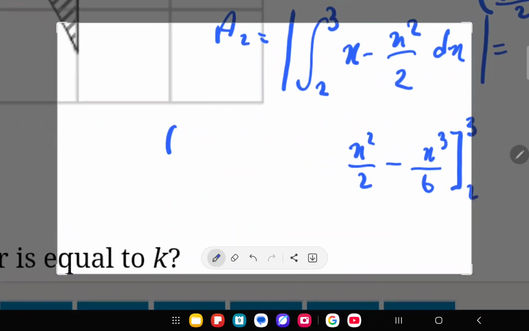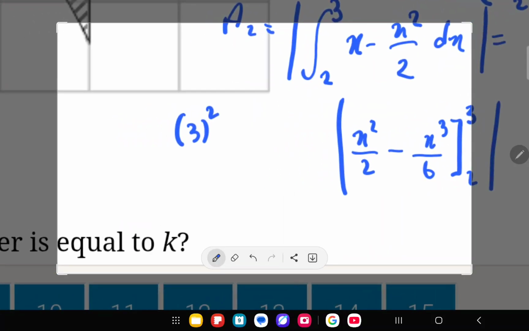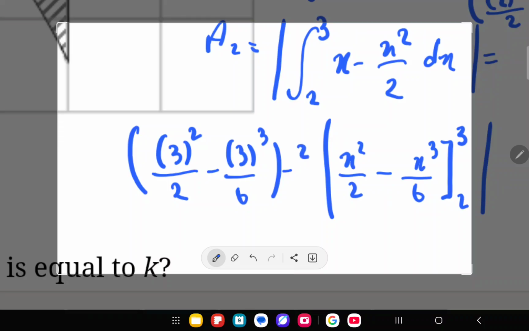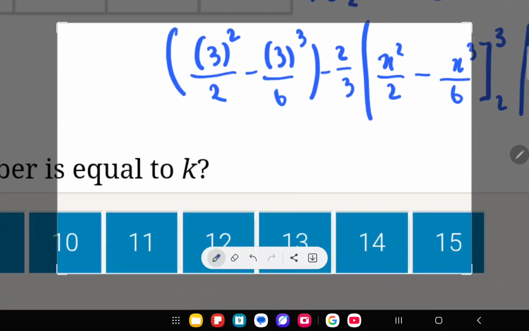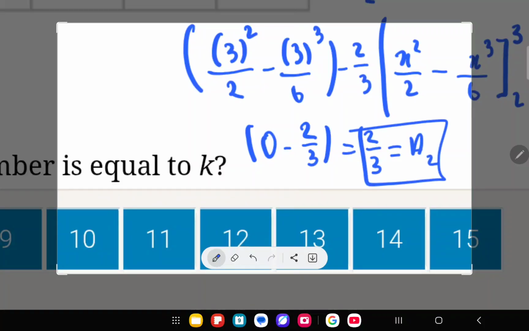So first we'll substitute, of course, 3, and remember, in absolute values. 3 to the power of 2 over 2 minus 3 to the power of 3 over 6, and then we'll subtract, when we substitute 2, we get 2 over 3. 3 squared over 2 is 9 over 2, so 9 over 2 minus 27 over 6 is 0. So you get 0 minus 2 over 3 in absolute values, which is equal to just 2 over 3. So now we know A2 is equal to 2 over 3 square units.